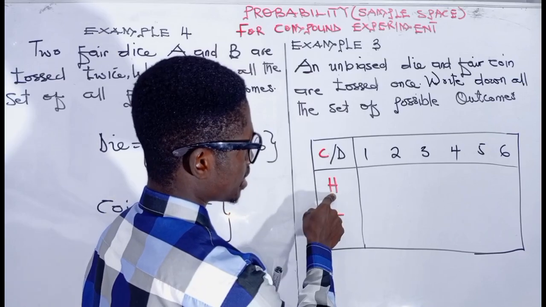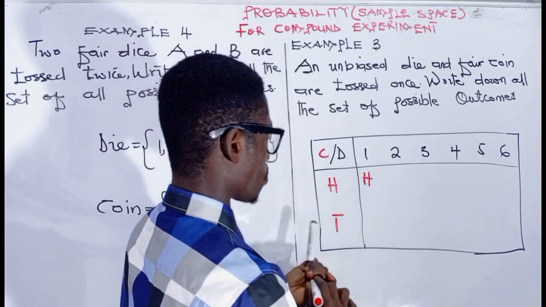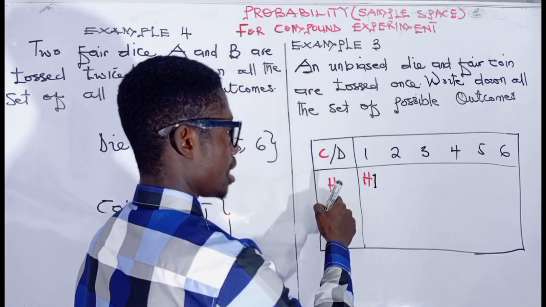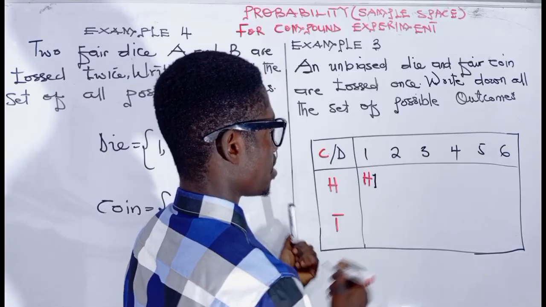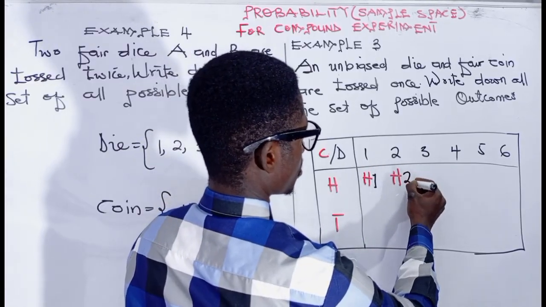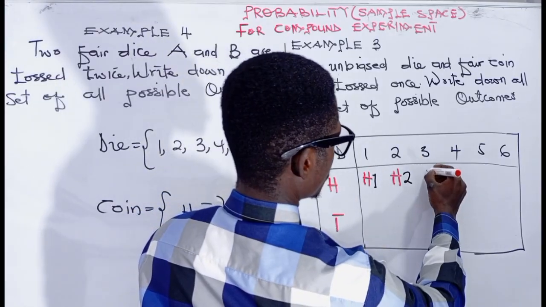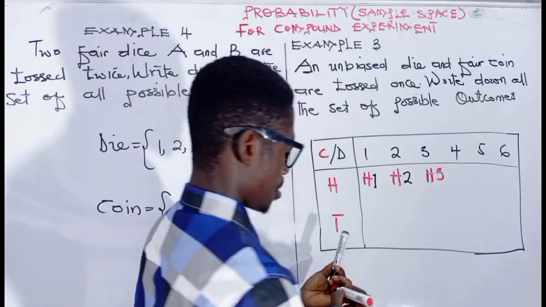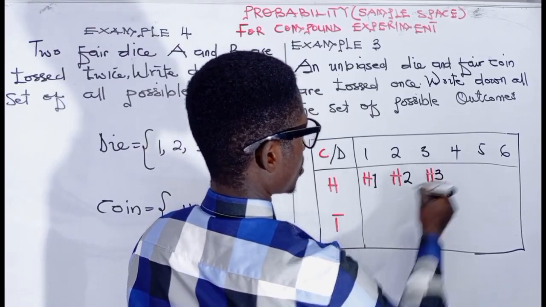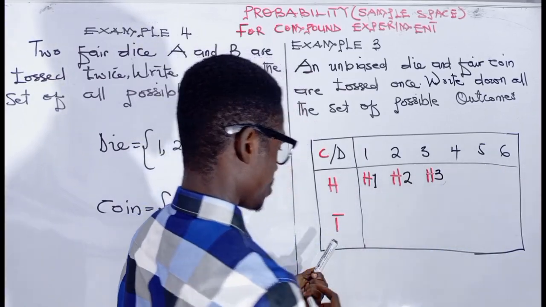So we have head and then 1, H1, and then H2. We have H3. We have H4, H5, H6.